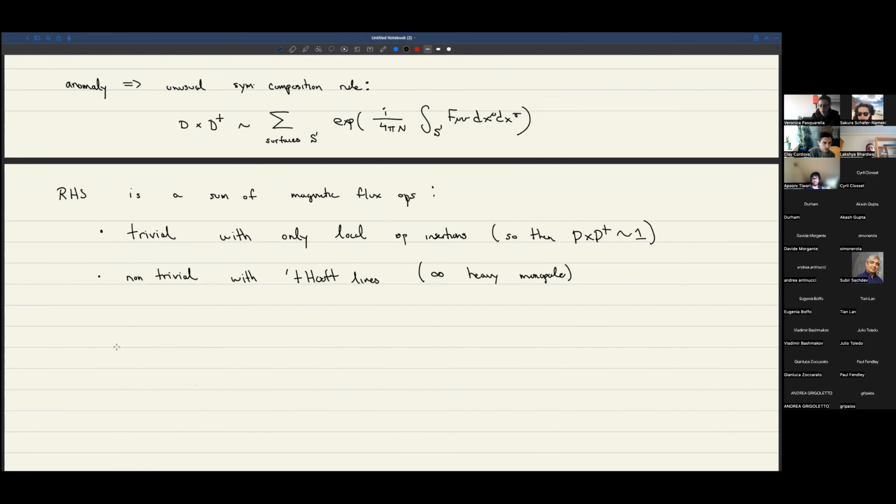So just to jog your memory, what's a 't Hooft line? Well, here's the world line of the monopole. Let's call it M. Now, this is a picture in space-time. Linking around it is some S2.